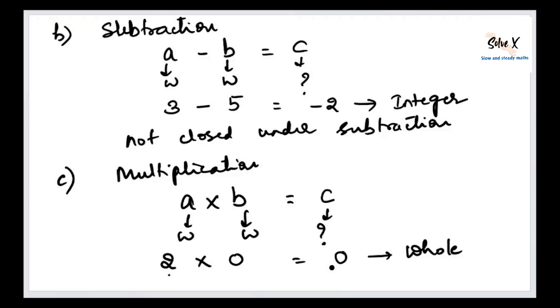The product of 2 and 0 is 0, so it is also a whole number. So we can say that whole numbers are closed under multiplication.